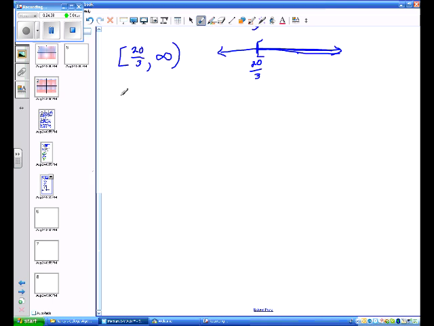If we have 18x plus 45 is less than or equal to 12x minus 8, we're going to solve this. Most likely we would subtract 12x from both sides.